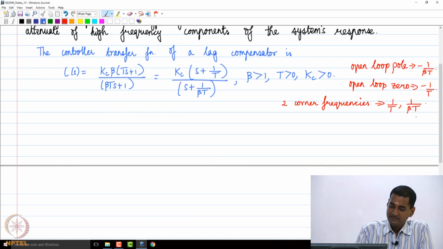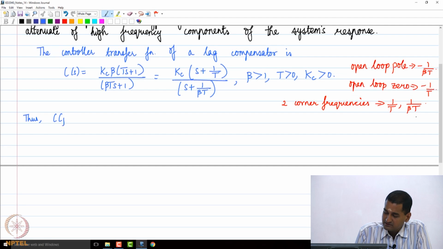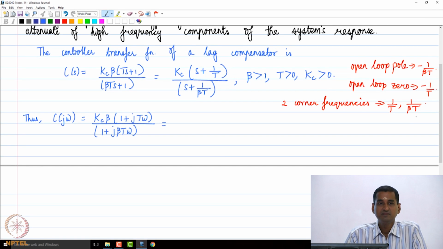Now let us look at the sinusoidal transfer function for this lag compensator. C of j omega will be Kc beta times (1 plus j T omega) divided by (1 plus j beta T omega). That is the sinusoidal transfer function corresponding to the lag compensator.